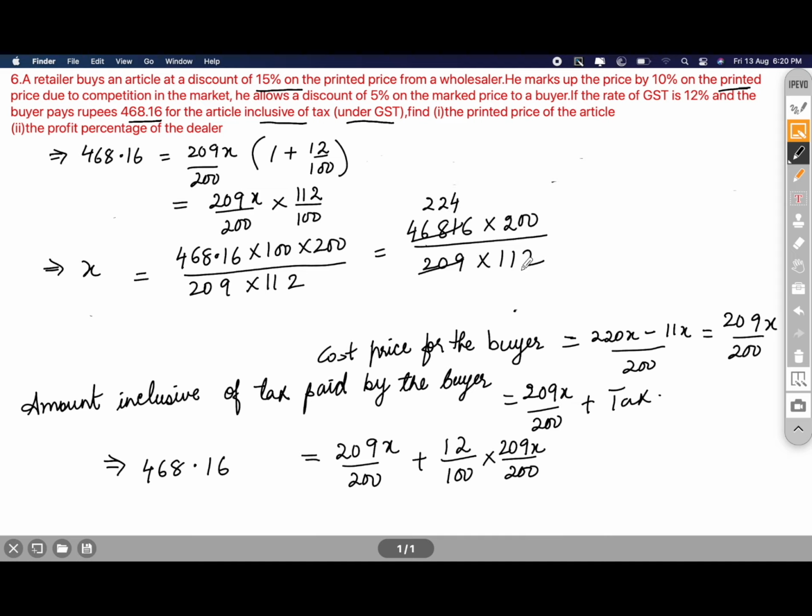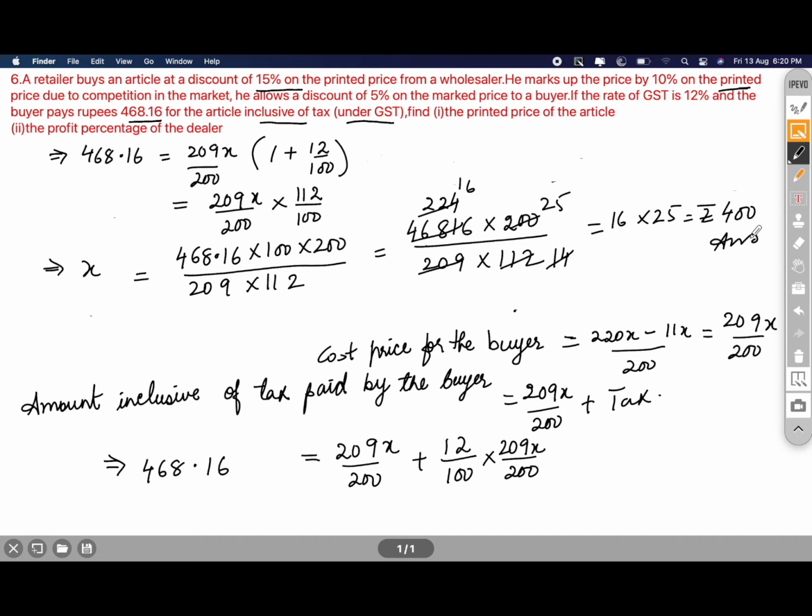Also 112 cancels with 200. If we cancel it with 8, here we are left with 14, here we are left with 25. Again 14 cancels with 224 to give you 16. So finally we are left with 16 into 25, that is rupees 400. So this is the first part of the answer, that is the printed price of the article is rupees 400.